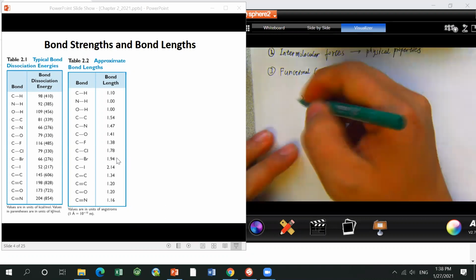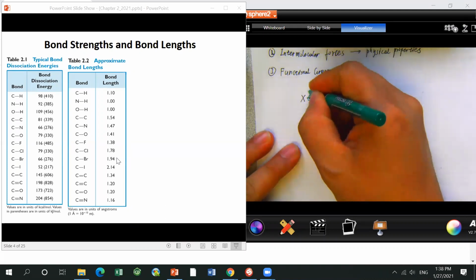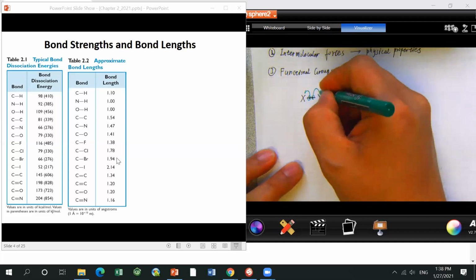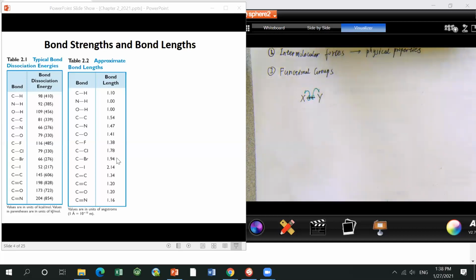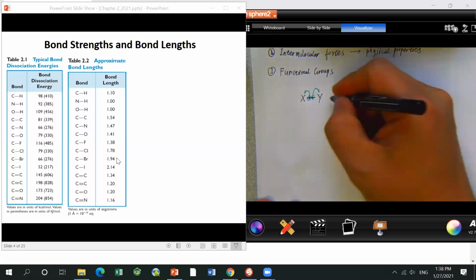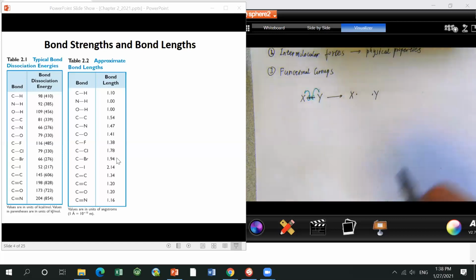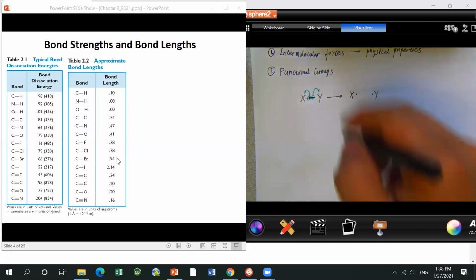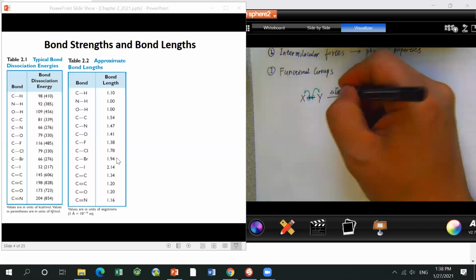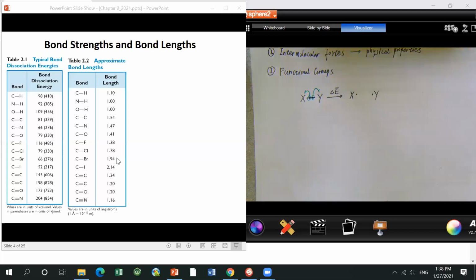If you break this bond evenly, we call it homolytic breakage, and each atom picks up 1 electron, which is actually a radical. The energy required during this process is called the bond dissociation energy. The higher the energy, the stronger the bond.